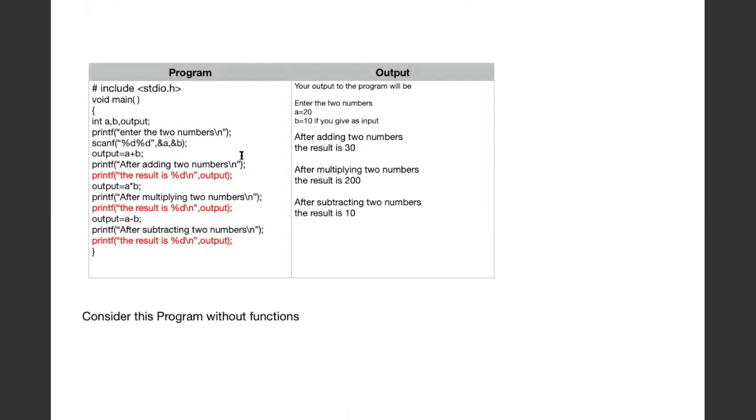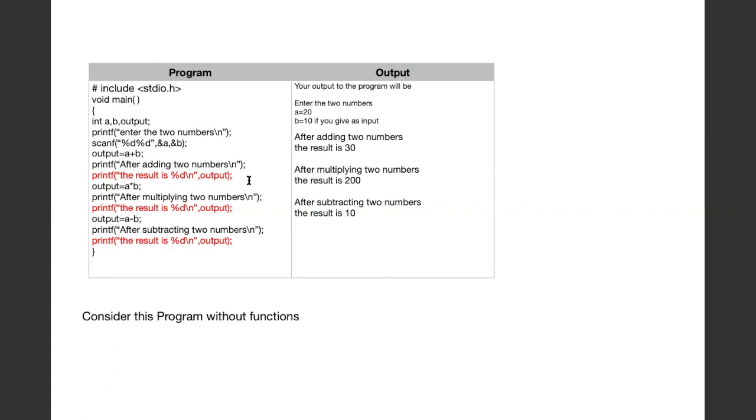Okay. Now let us look into this program and identify what kind of problems or issues we have with this particular program. If you can see, the lines highlighted in red color, look at those highlighted statements.